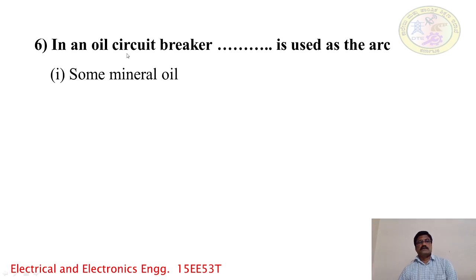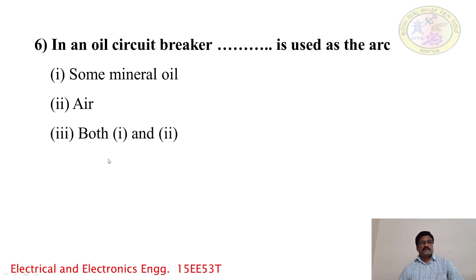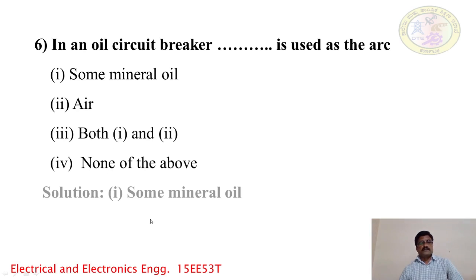Second one, air. Third one is both air and mineral oil, and fourth, none of the above. So the answer is definitely some mineral oil, because in oil circuit breaker the medium for arc extinction is oil.